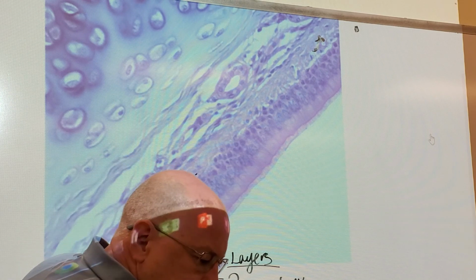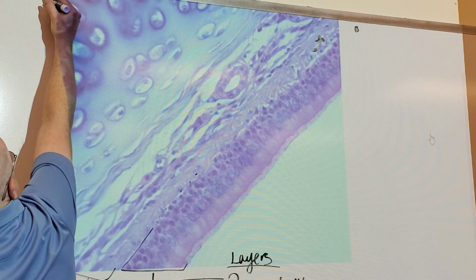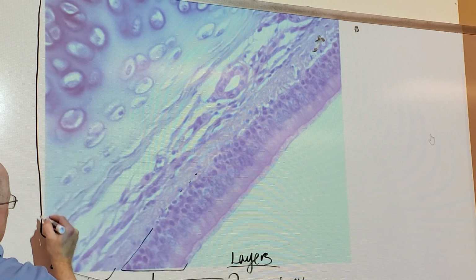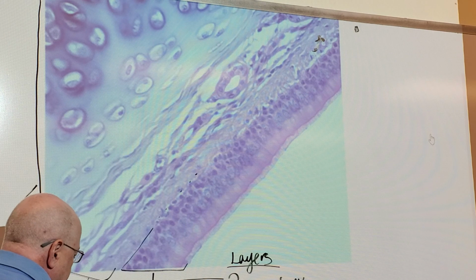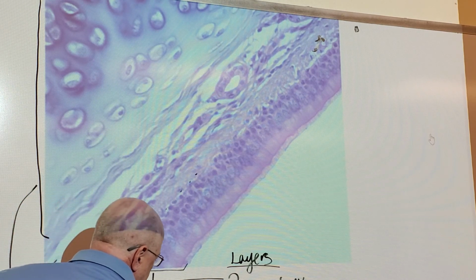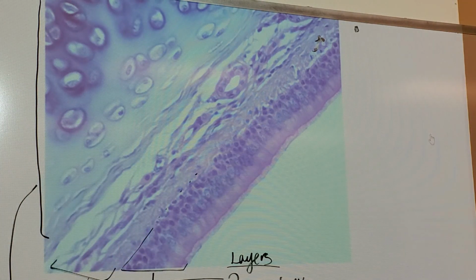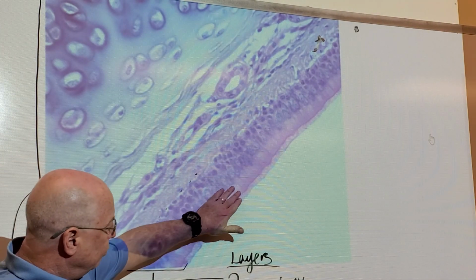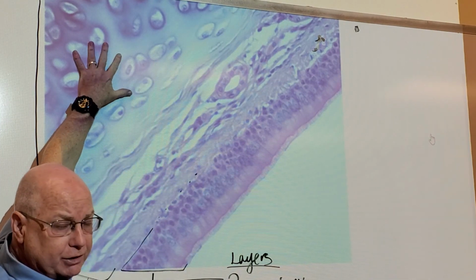And then the next layer of tissue would be all of this layer here. And all of that layer is called the tracheal cartilages. So I really have three layers here: a respiratory epithelium, a lamina propria, and then the tracheal cartilage.